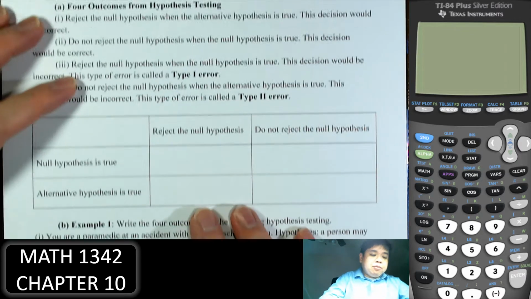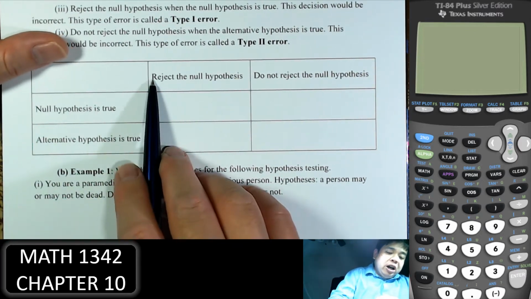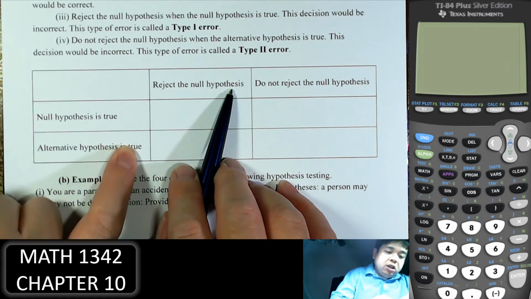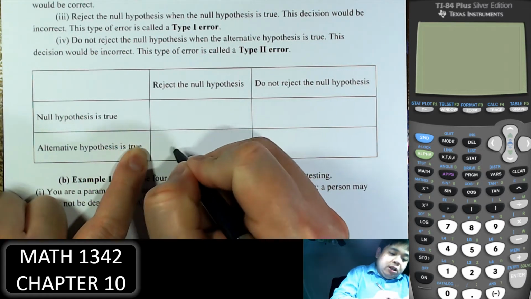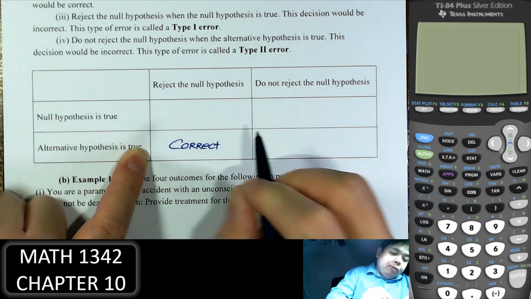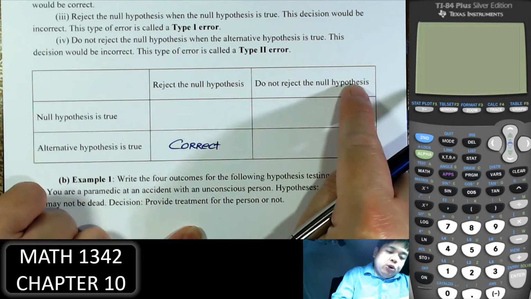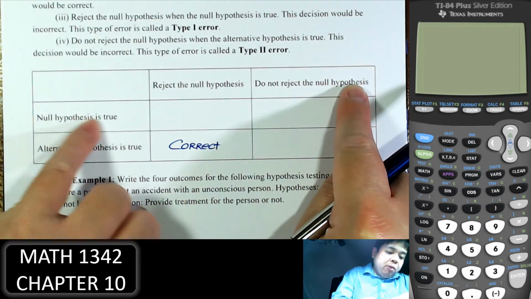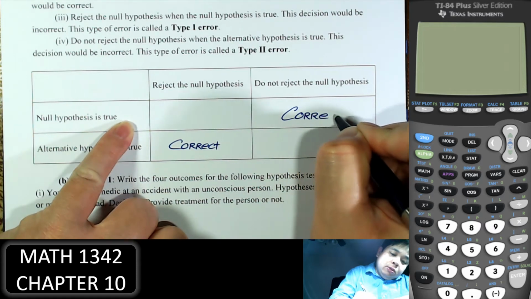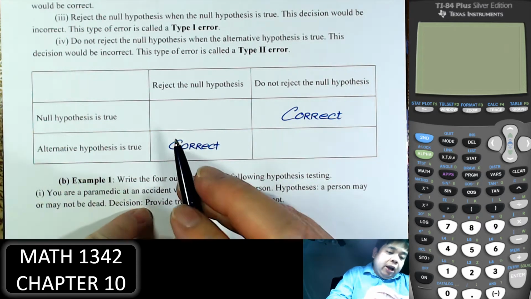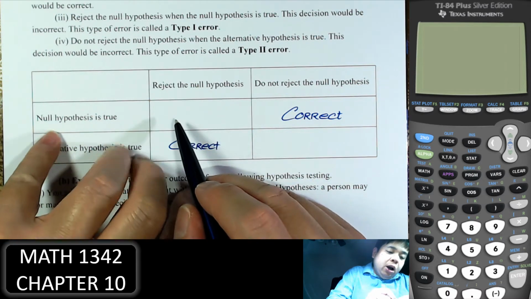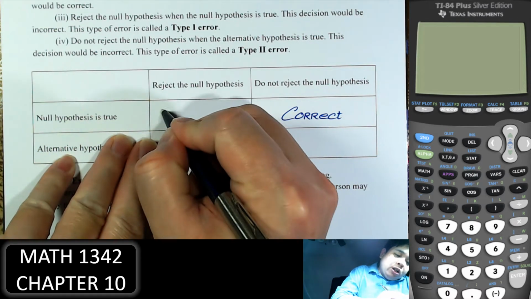But now, let's say it again. Reject the null hypothesis when the alternative hypothesis is true, so this is correct. Or if we do not reject the null hypothesis when the null hypothesis is true, this is correct. Next, if we reject the null hypothesis when the null hypothesis is true, this is type 1 error.